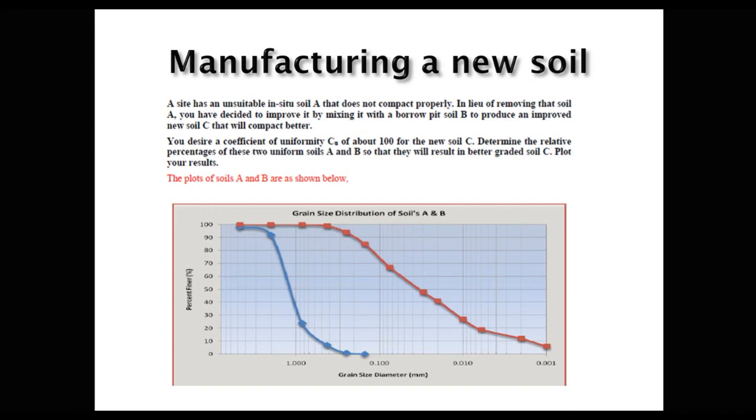So what's been done on this problem here is we are going to try different combinations. And the reason we are trying to manufacture a new soil is because we would like to produce a new soil that will compact better. And that is what is mentioned in the question here too.